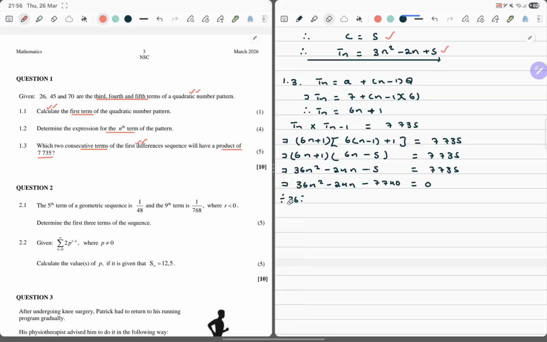Not 36 but 12, the highest common factor. So this gives us 3n squared minus 2n minus, let's see, 7740 divided by 12 is 645, equal to 0.